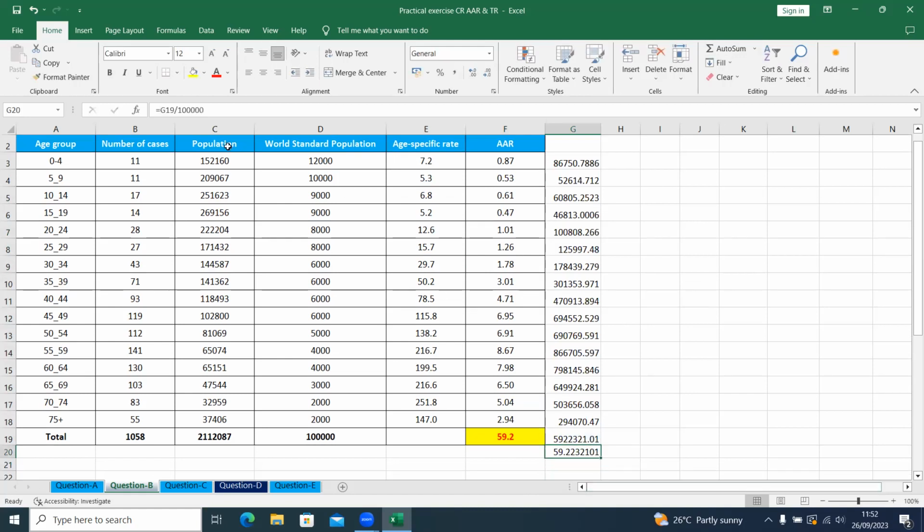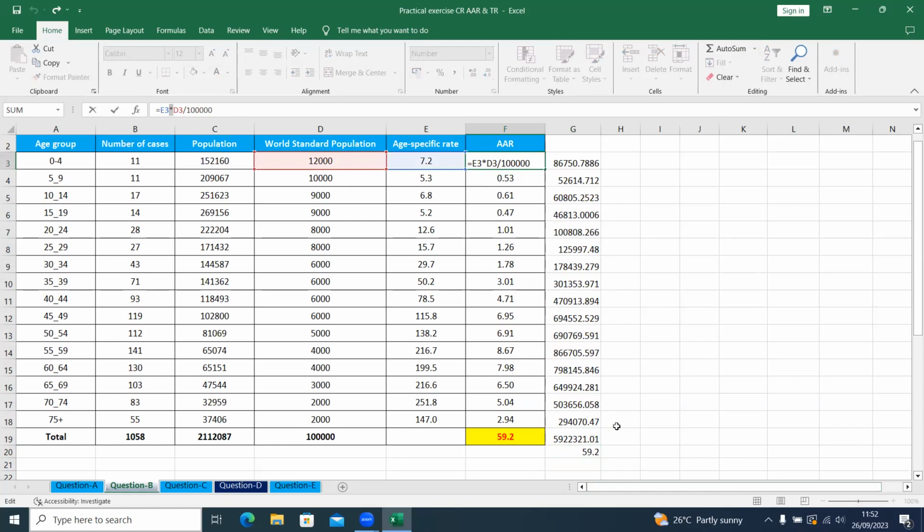See, the answer will be the same. Harinder, why are you confused? Show the formula here, the first one, 0 to 4. Here we have done the division by 100,000 independently, but here we have done it combined. You take the summation and then divide by 100,000. It is the same. It is mathematics, nothing else.